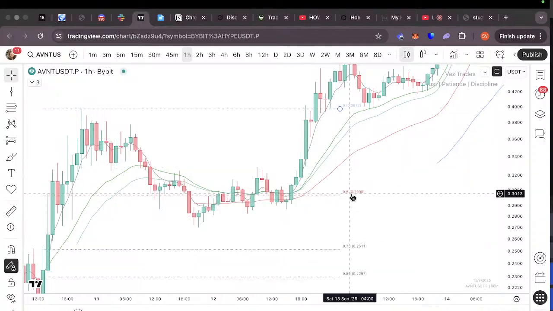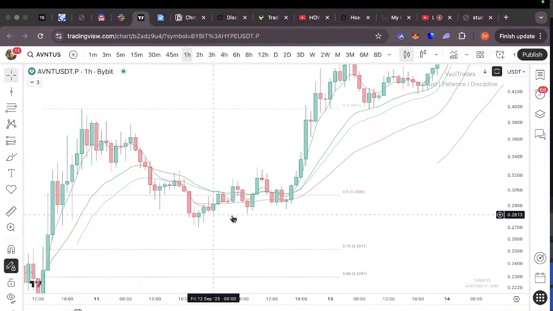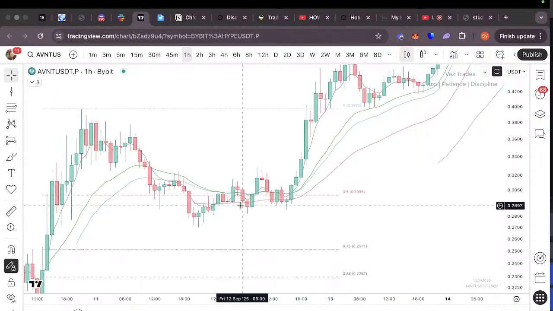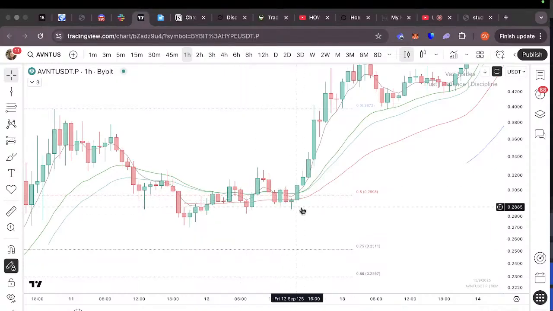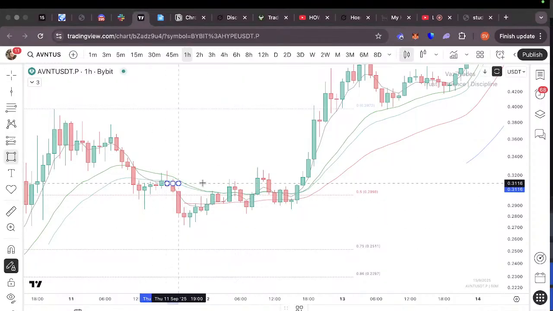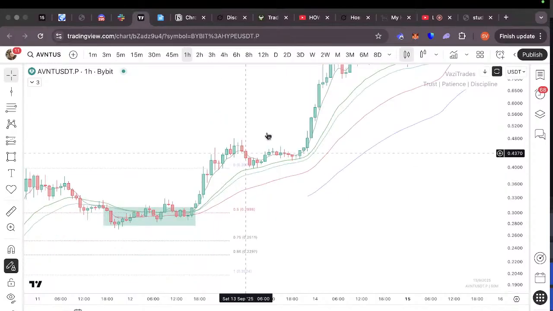But I can still try to risk according to the 0.5 Fibonacci, since the price returned back to this area and is consolidating, which means it is respecting the zone. And according to this 50 EMA, the price is still holding, and every time it's dropping below, it's returning back above this 50 EMA. So if I would accumulate here, of course I would be in a really good position, right?